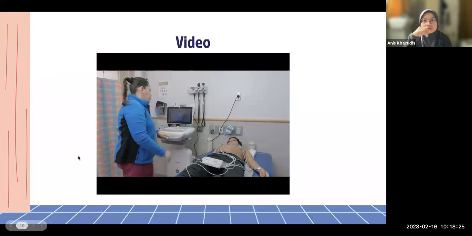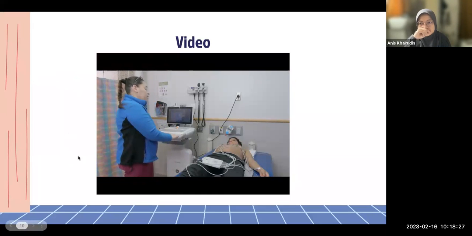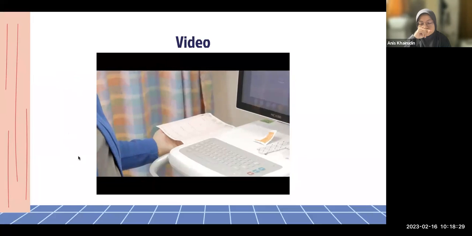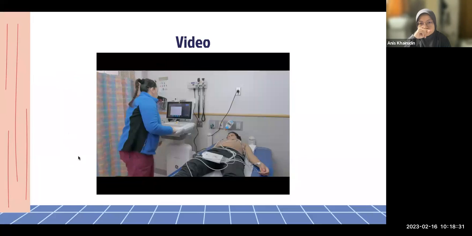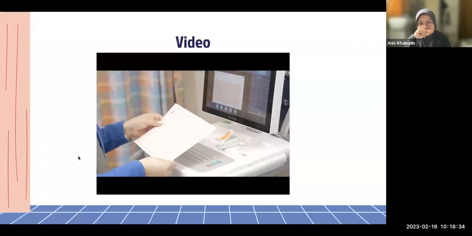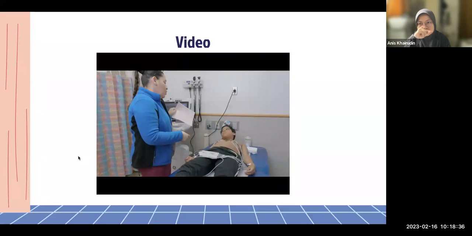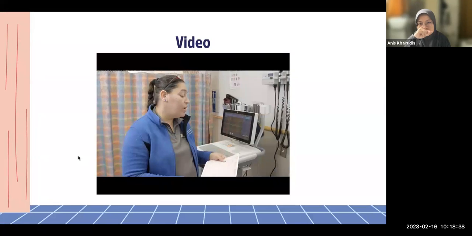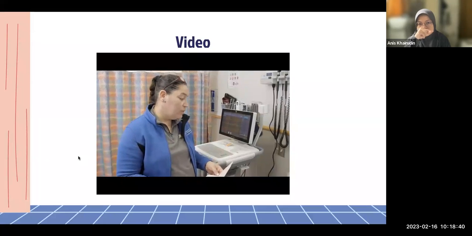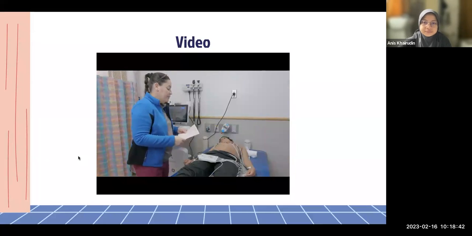The EKG is now printing. So here's your EKG. We're all finished, and I'm gonna go show this to your doctor, and you'll just wait for the results. Okay.